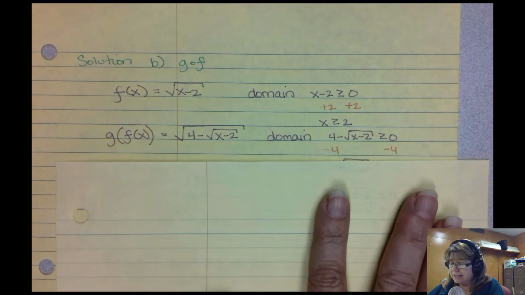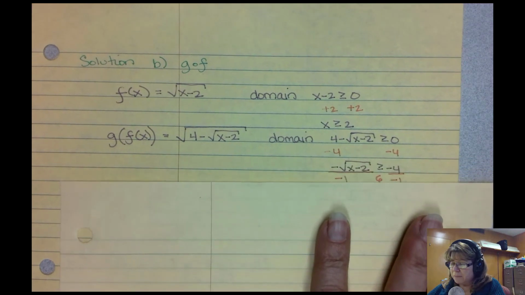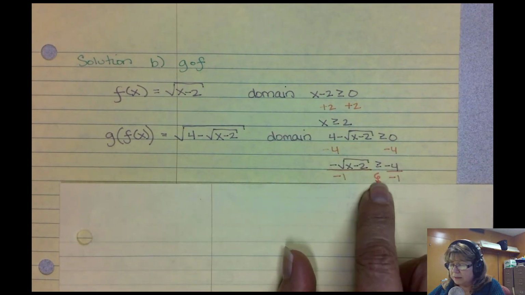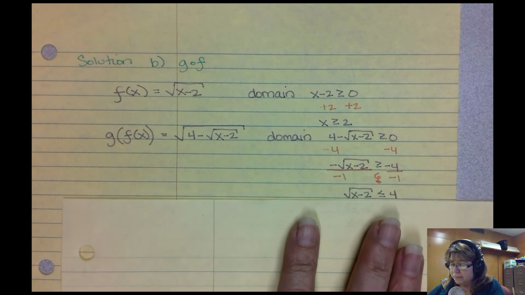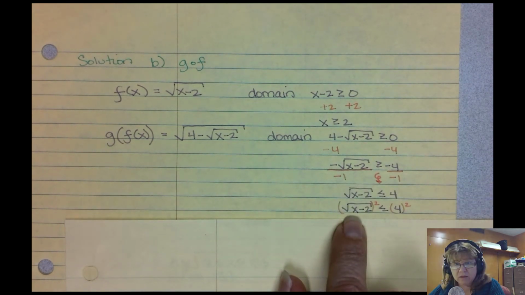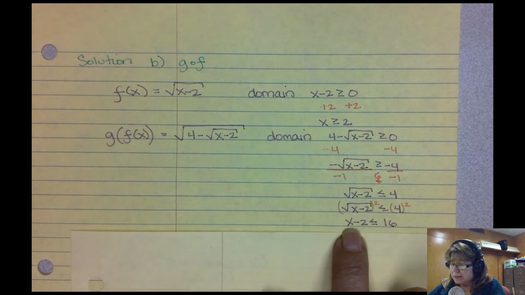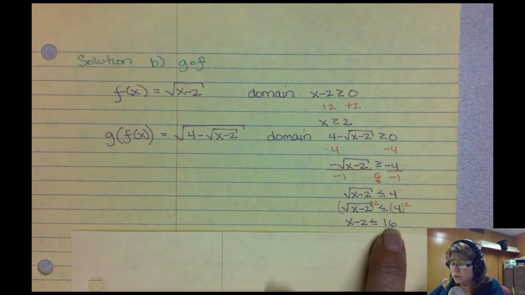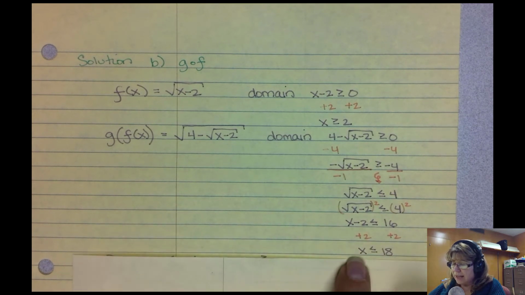I'm going to subtract 4 from both sides. I'm going to divide by negative 1, flipping the symbol as I do it. I'm going to square both sides so I can get rid of the radical. I get x minus 2 is less than or equal to 16. Add 2 to both sides. x is less than or equal to 18.